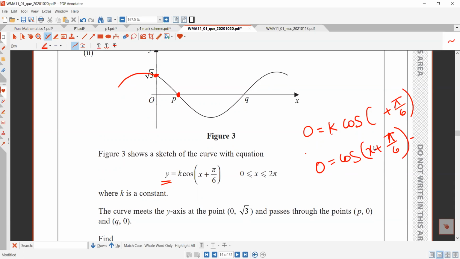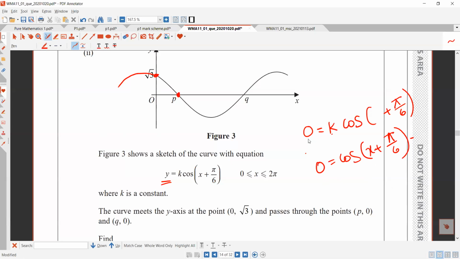So P should be 90, right? So 90 minus pi by 6. Yes, that also can be done. That means all our X values got shifted by minus pi by 6. That's what you're trying to say? Yes, correct. Okay, let us see whether we are getting the answer with this or not.